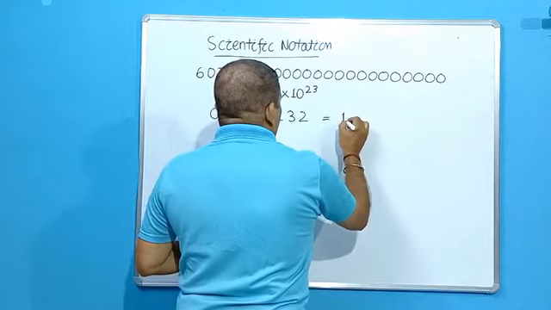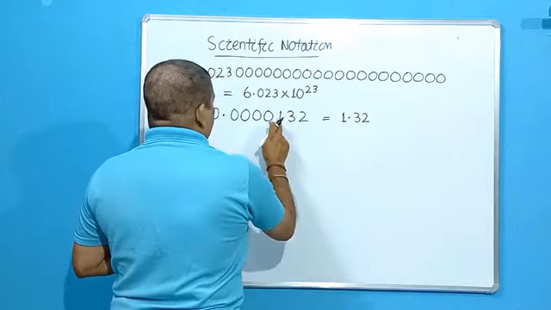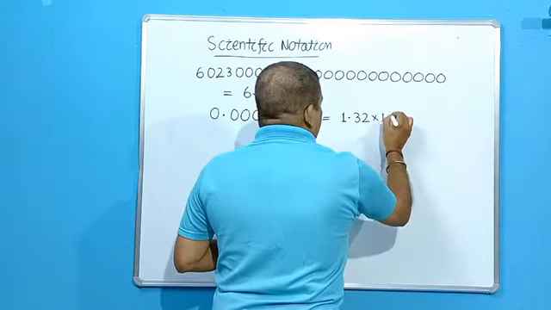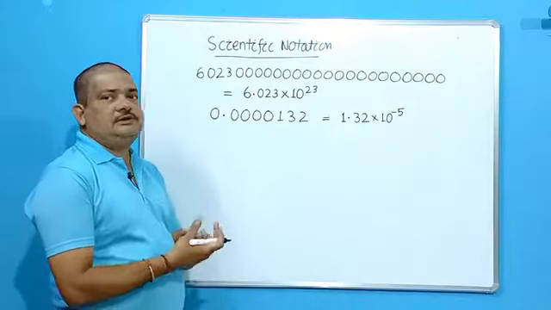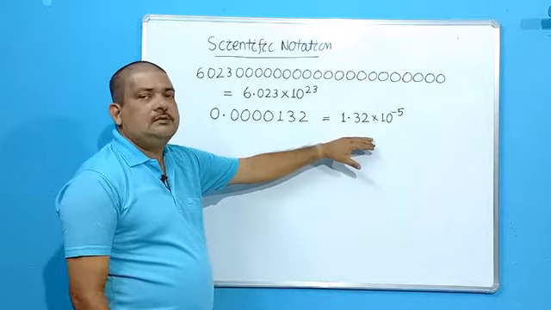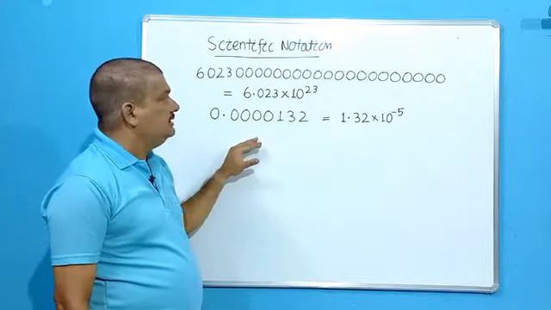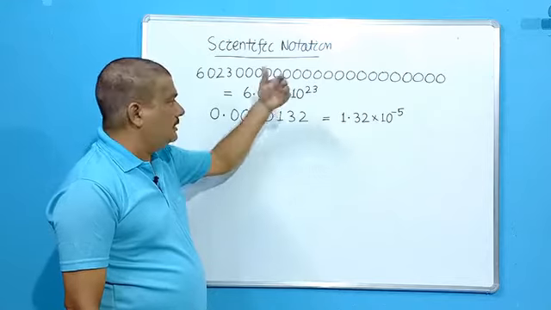Now we can write it as 1.32 into 10 to the power minus 5. So which one is convenient to use? This one or this one? Obviously this one. It is easier to remember these values rather than this value. Here also it is easy to remember this value, not this value.